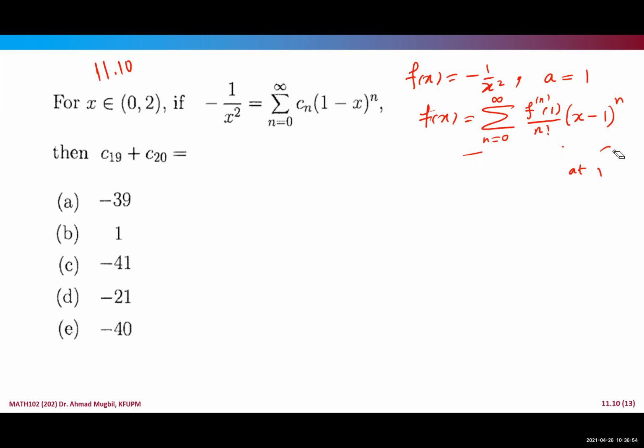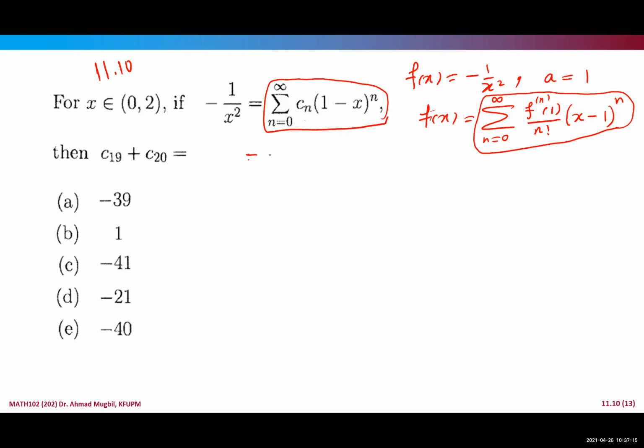Now compare what you have here with this one. We want to have the same at the end, okay? So I think we need to do a small modification here, or here, it is up to you. For example, here you can say this is the sum for n starting from 0 to infinity of Cn times x minus 1 to the power n.